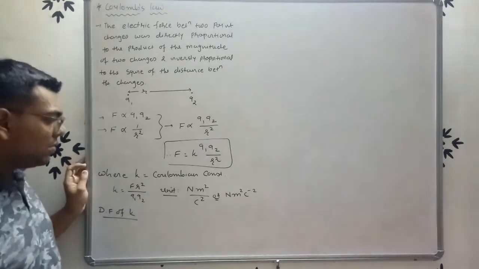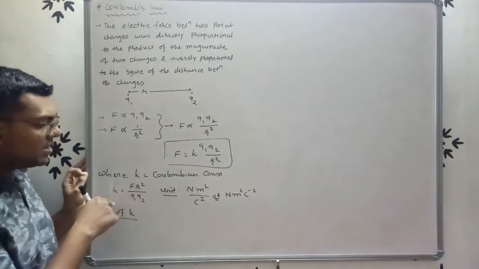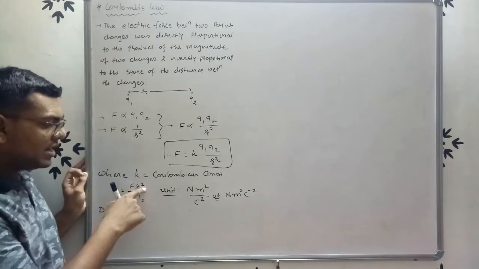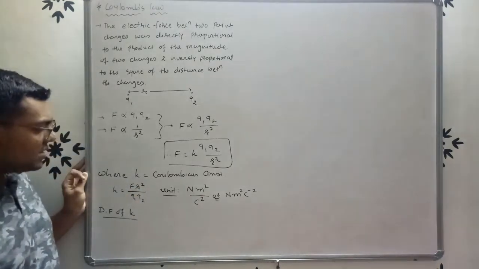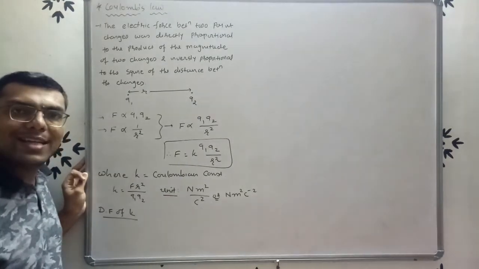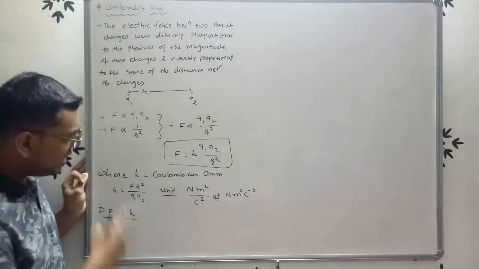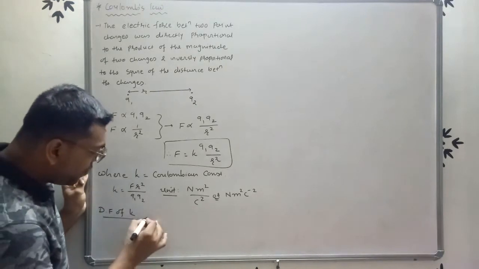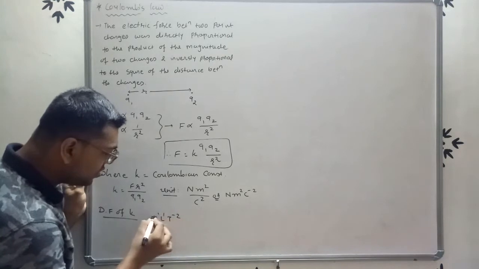Now, the dimensional formula of the Coulombian constant k. To find the dimensional formula, we have to write the dimensional formulas of force, distance and charge. We already discussed the dimensional formula in standard 11. The dimensional formula of force is M1 L1 T minus 2.